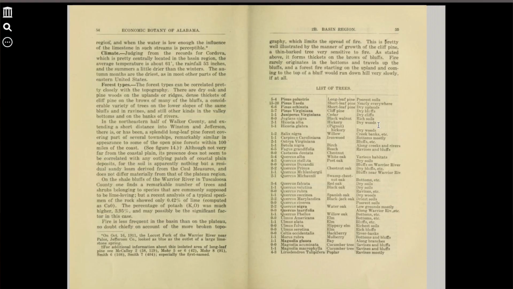So if we look at this, we can see that here you have dry uplands, you have cliffs, creek banks, bottoms, creeks and rivers, ravines.